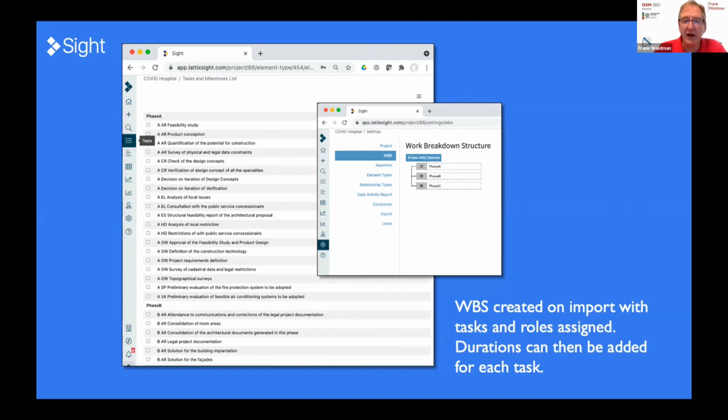And so within Sight, you can change the work breakdown structure. You can add baselines, different element types, differentiate different relationship types, and so forth. So it's intended to enable you to add information as needed into your plan.